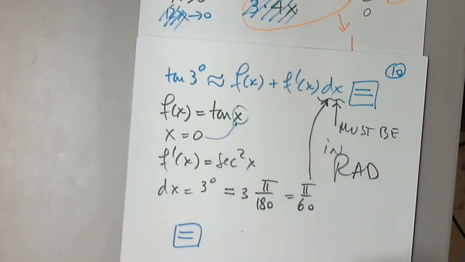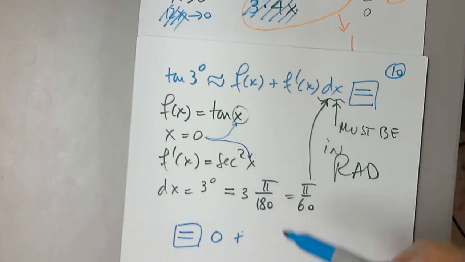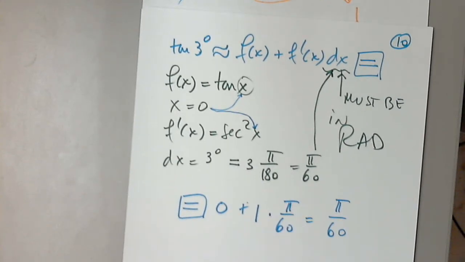Tangent 0, please. 0. Perfect. Plus f prime of 0. 1. Very good. Times pi over 60. So the answer is pi over 60. You don't have to do anything to it. Yes, I would recommend make sure that this is okay, so plug it in.